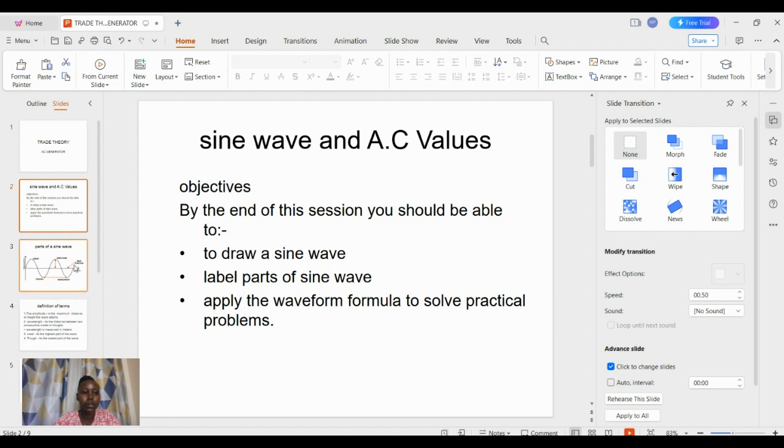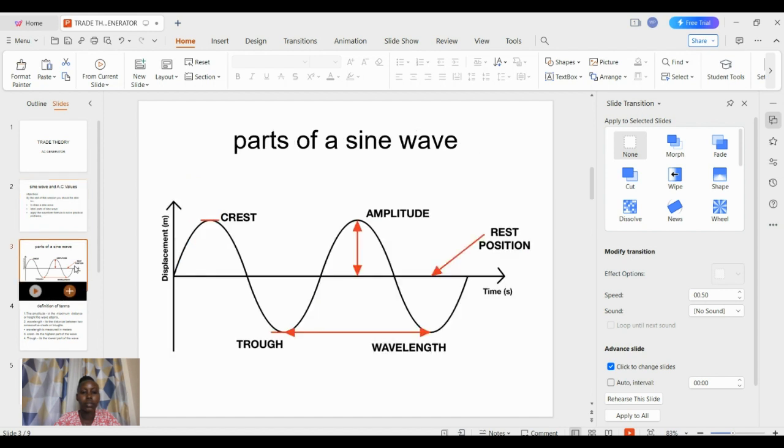problems. So very first, let's look at a sine wave, how it looks. So this is a sine wave. This is an alternating sine wave. It's also known as a sinusoidal wave. It keeps on alternating, keeps on changing direction.